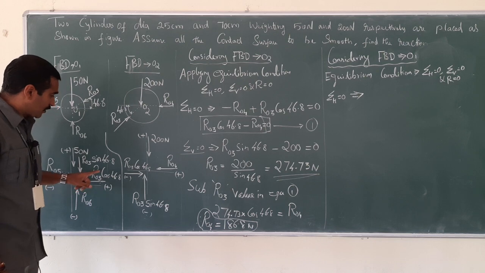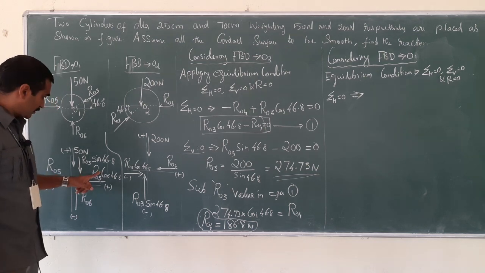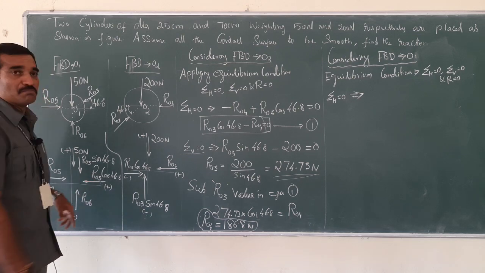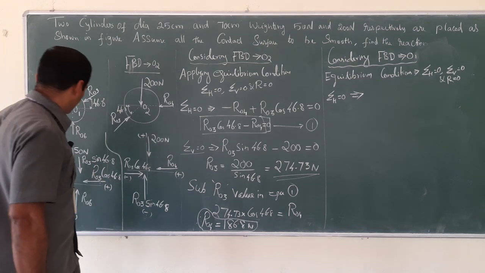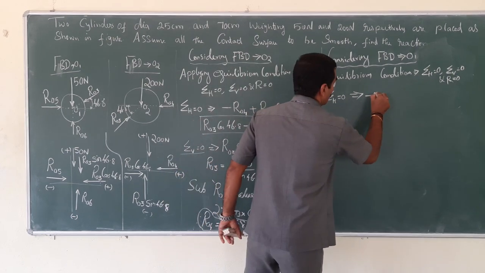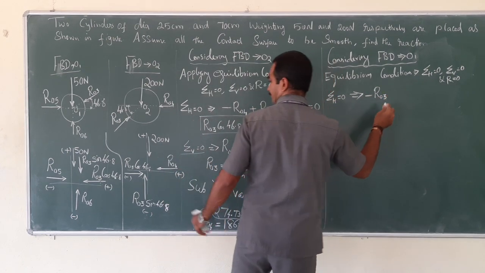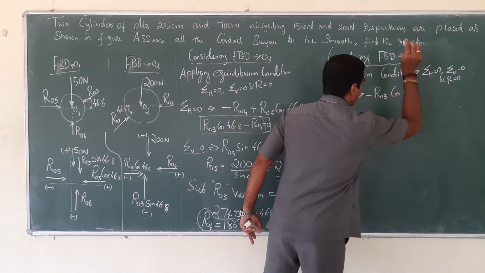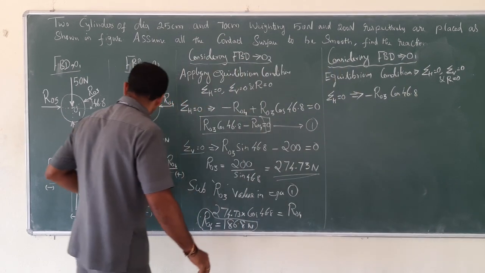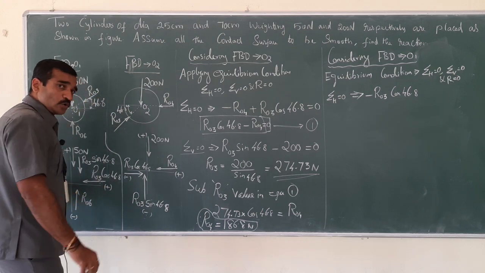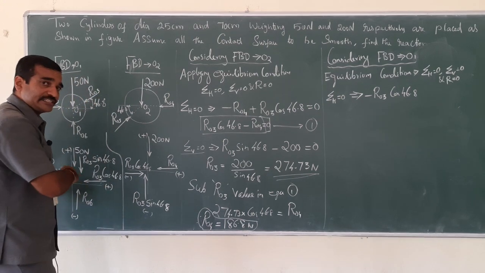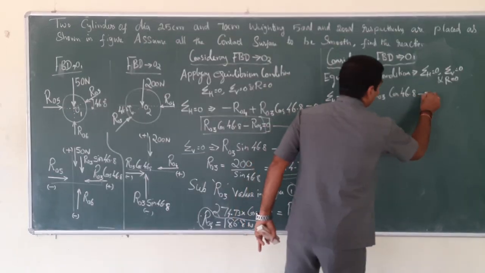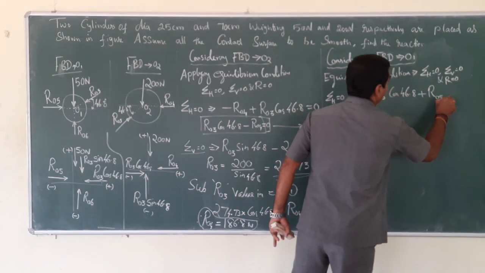In the first quadrant, one force is acting towards the negative x direction, which carries the negative sign: RO3 cos 46.8. Let me move to the second quadrant, where a force is acting towards the positive direction, which carries a positive sign: RO5.